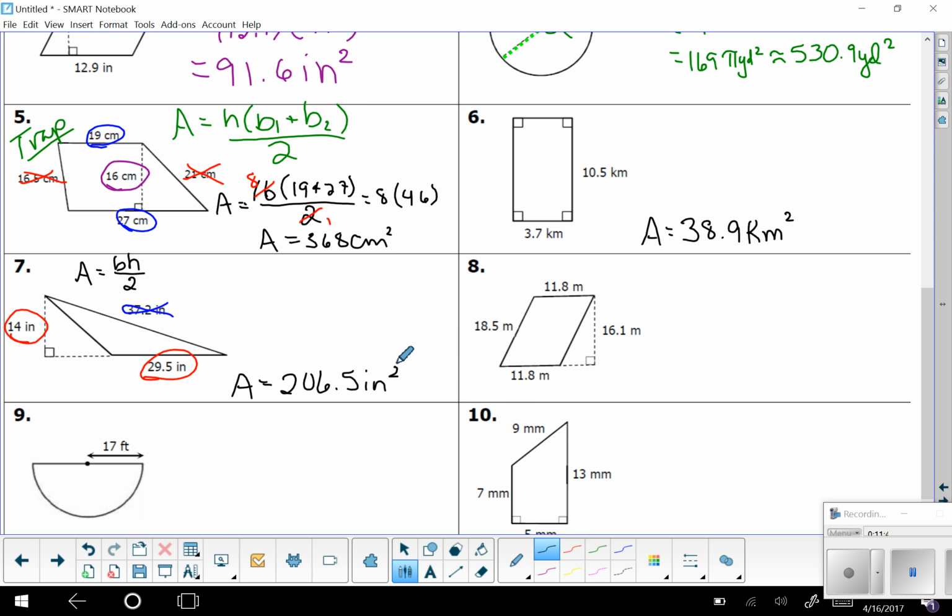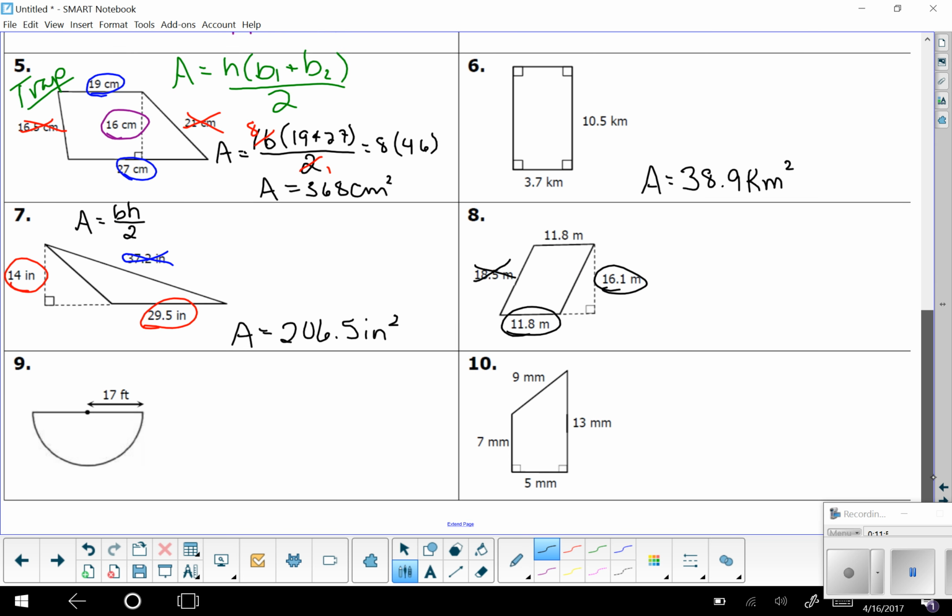For number 8, here's your height and here's your base. We don't care. $189.98, which then bounces it up to 190 meters squared.